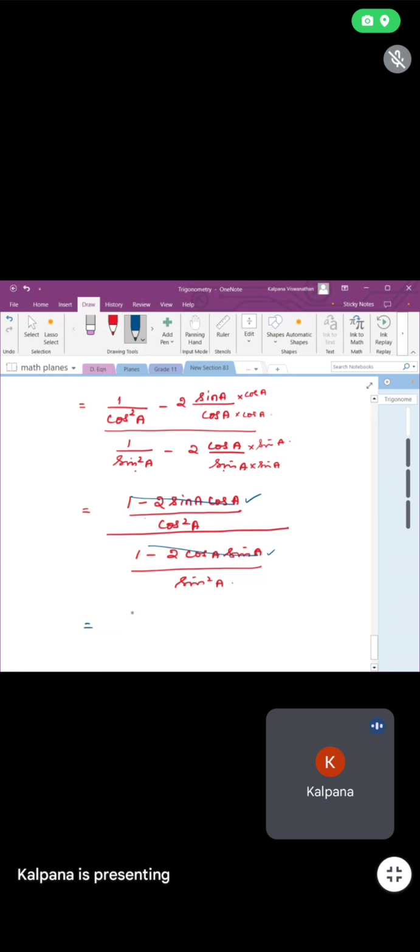So here we have 1 by cos square A divided by 1 by sin square A. That I'll put as sin square A by 1. So this is nothing but tan square A, which is equal to our RHS. Did you all understand? Yes, ma'am.